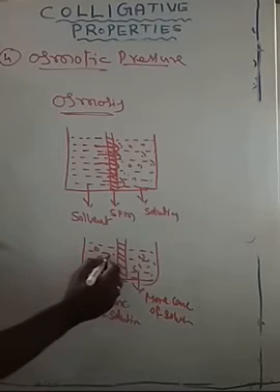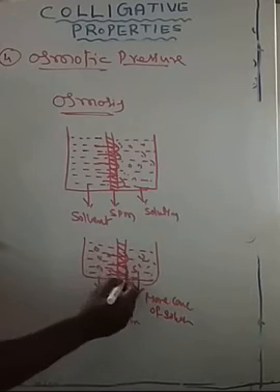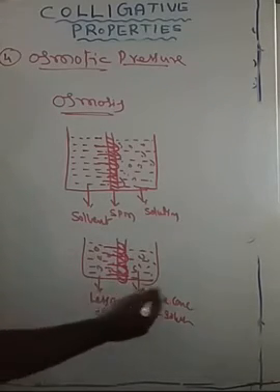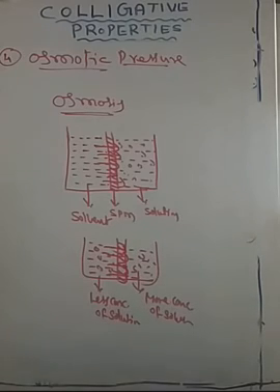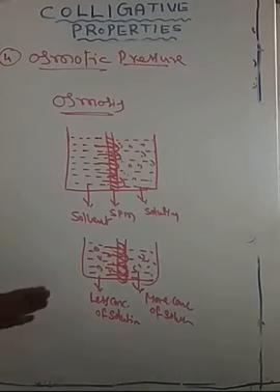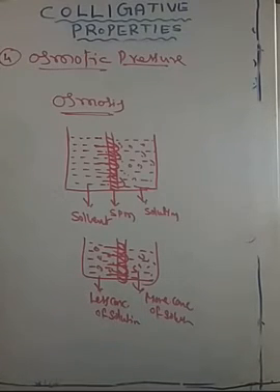In this case also, the flow of solvent molecules only, from lower concentration to higher concentration through the semi-permeable membrane, is called osmosis. So what is osmosis? The flow of solvent molecules from solvent to solution, or from lower concentration to higher concentration, is known as osmosis.